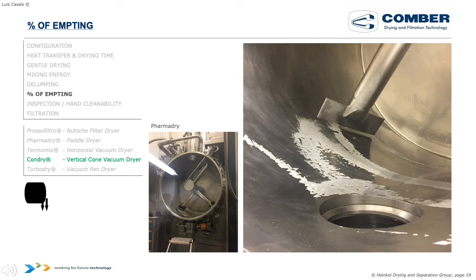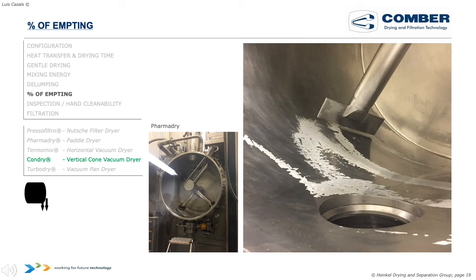The next tip we will consider is percentage of emptying. As most of the products we dry are quite expensive and we always operate batch-wise, percentage of emptying becomes relevant.